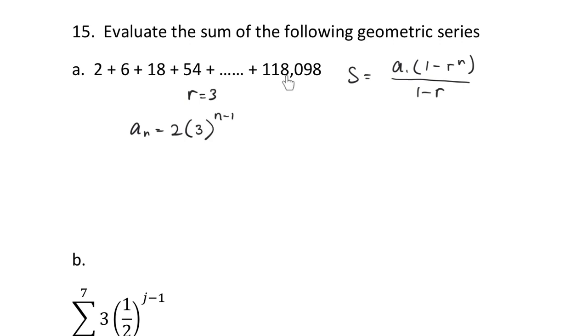This is an a sub n value, but we don't know its n value, so we could solve for it by plugging 118,098 in for a sub n. Now the variable we're solving for is an exponent, which makes this an exponential equation, so we have to solve this using logarithms. We're going to divide by 2.